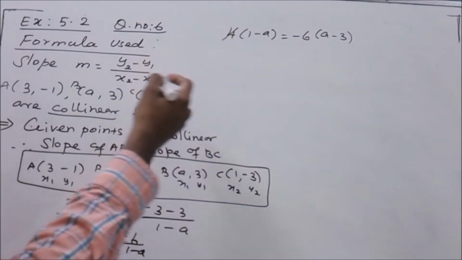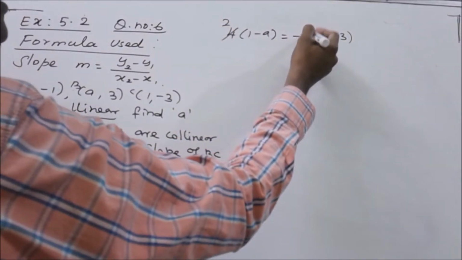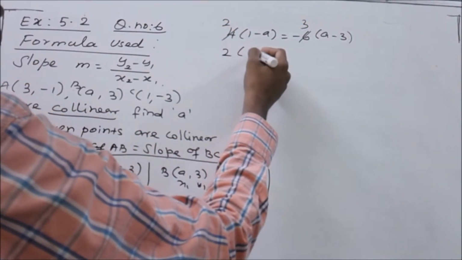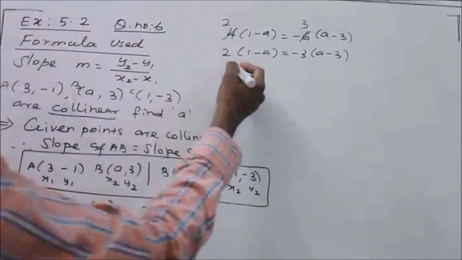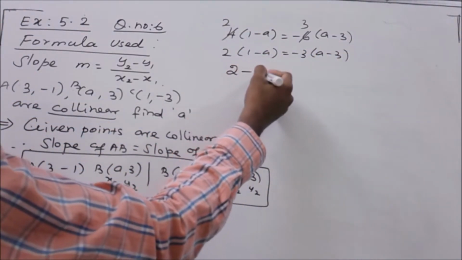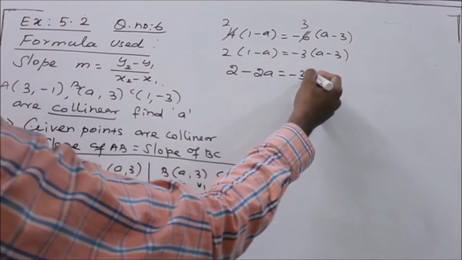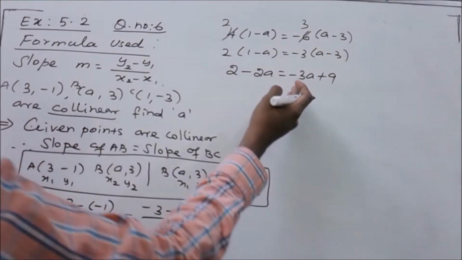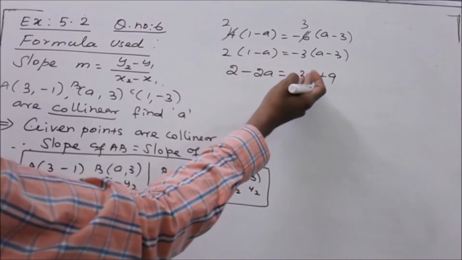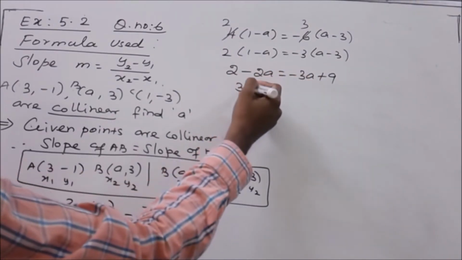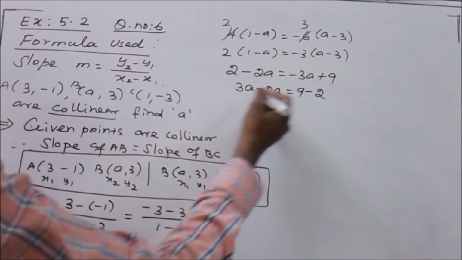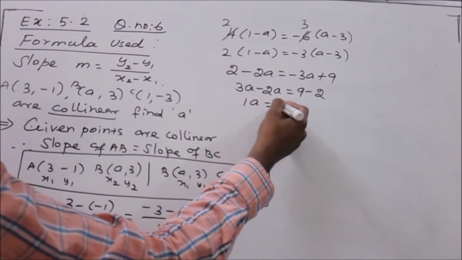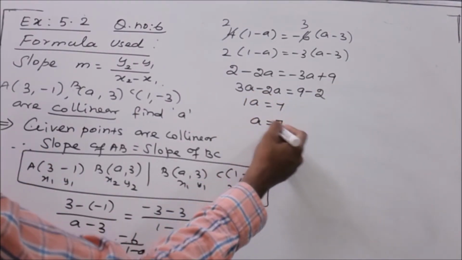Cancel by 2, 2 into 1 minus a equals minus 3 into a minus 3. Multiply inside, 2 minus 2a equals minus 3a plus 9. Grouping a on one side and constants on the other side, minus 2a plus 3a equals 9 minus 2. Now a equals 7. So a equals 7.